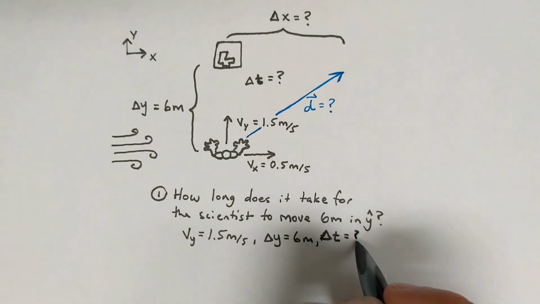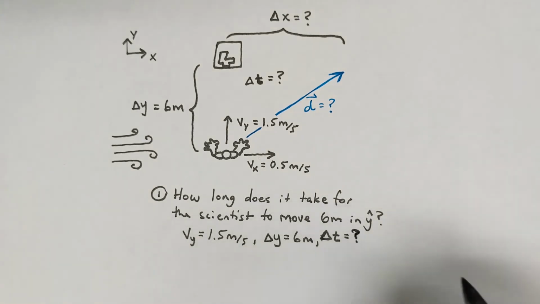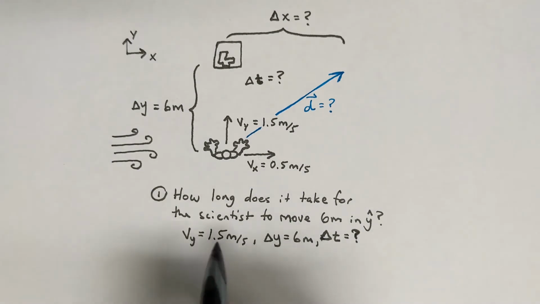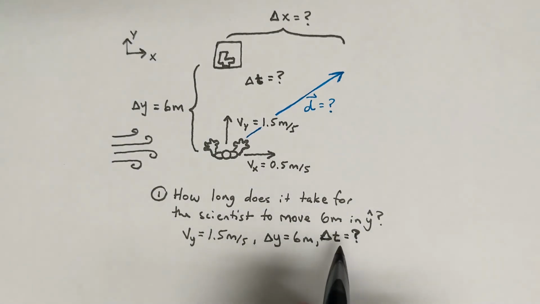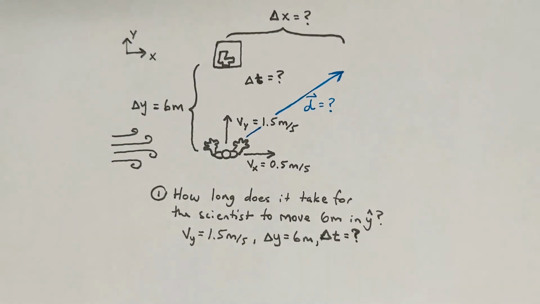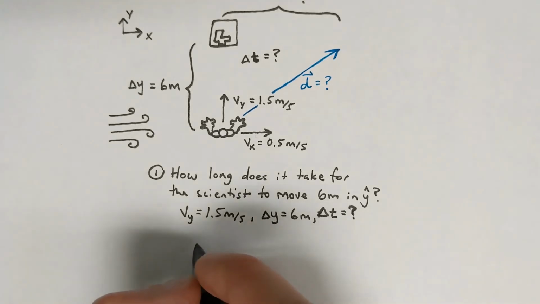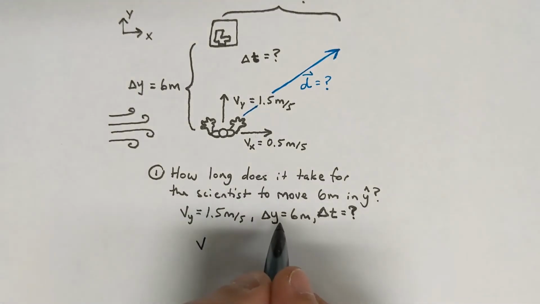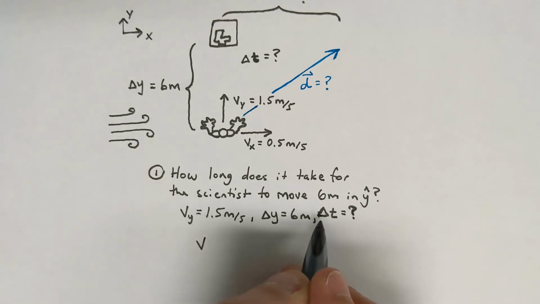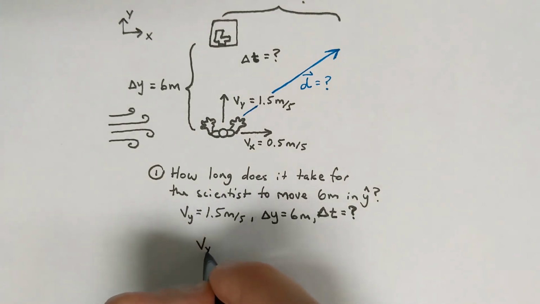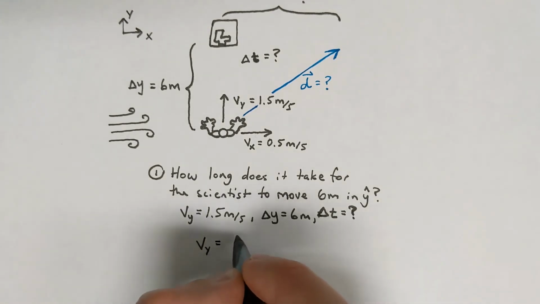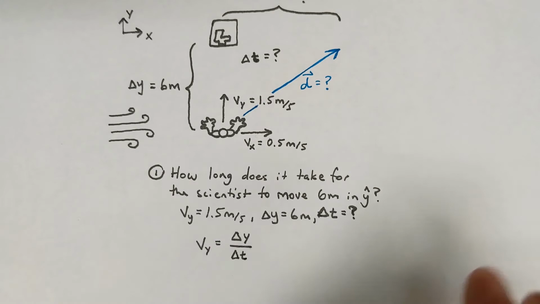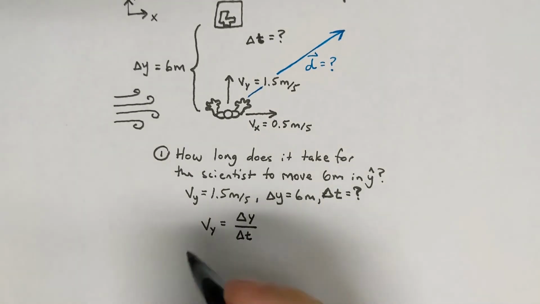So this is my question mark. Okay, so I've got velocity, I've got displacement, and I want to know time. Well, if you remember from earlier in the year, the velocity can be written as displacement divided by time, the change in position over the change in time. So my y velocity is going to be my displacement in the y direction divided by the change in the time. Let me substitute in values, so 1.5 is my velocity.